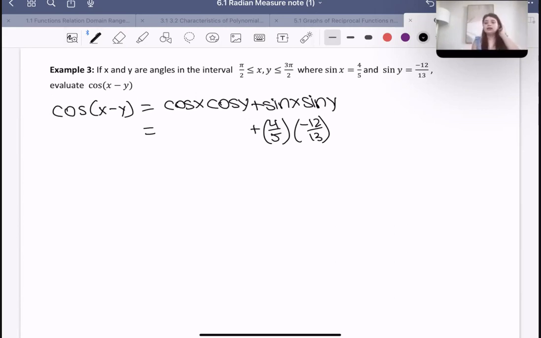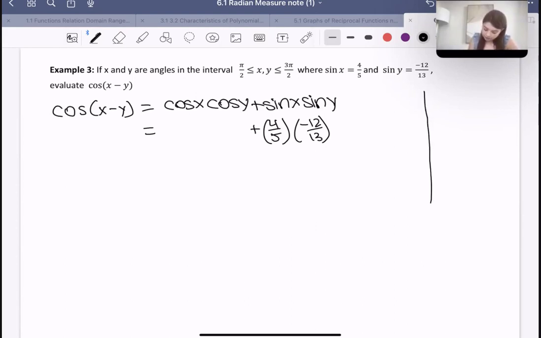So if sine x is 4 over 5, and we know that x is less than or equal to pi over 2, that means it must be in the first quadrant. Oh no, sorry, it's saying x is greater than or equal to pi over 2. So it would have to be in the second quadrant because 4 over 5 is still positive.